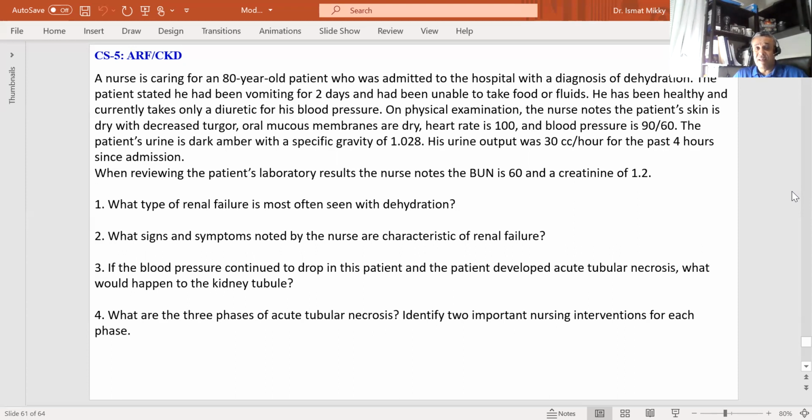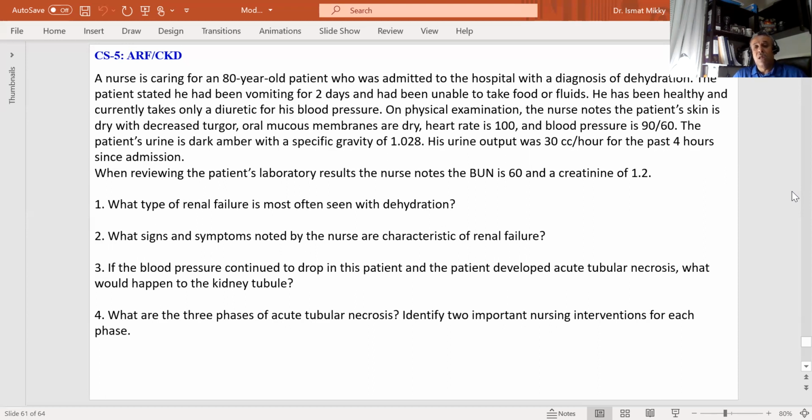An example of that is decreased perfusion: hypovolemia, decreased cardiac output, heart failure, hypovolemic shock, cardiogenic shock. So that's pre-renal failure. In the case of dehydration, the patient's kidneys are unable to perform their normal function, which is the filtration, and the normal functions that we discussed earlier.